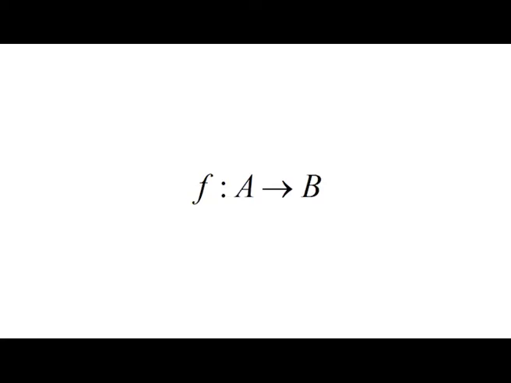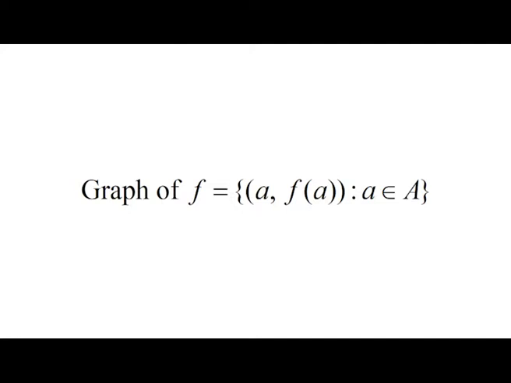The graph of a function f from set A into set B is defined by graph of f equal to the set of all ordered pairs (a, f of a) such that a belongs to set A. Clearly, graph of f is a subset of the Cartesian product A cross B and hence is a relation. Hence, a function f from set A into set B gives rise to a relation from A to B called the graph of f.